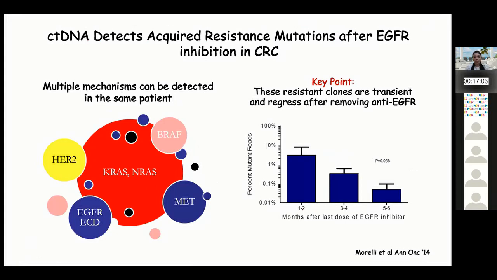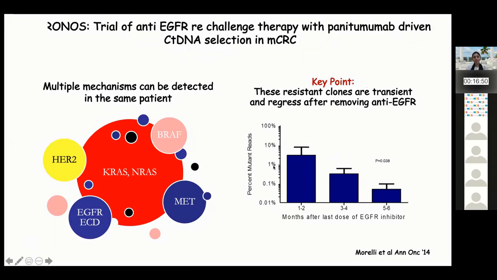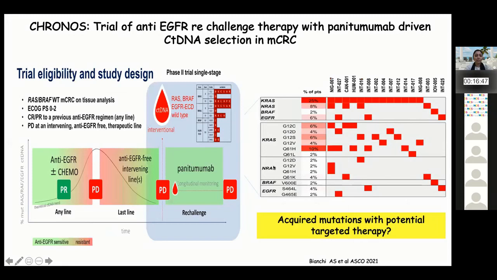And what's more important is we know that these resistant clones are transient, and they regress after removing anti-EGFR therapeutic agents. So potentially that tells us that we could re-challenge these patients. Now, there was a very interesting phase 2 trial that was presented at ASCO this year. I thought it was really interesting.